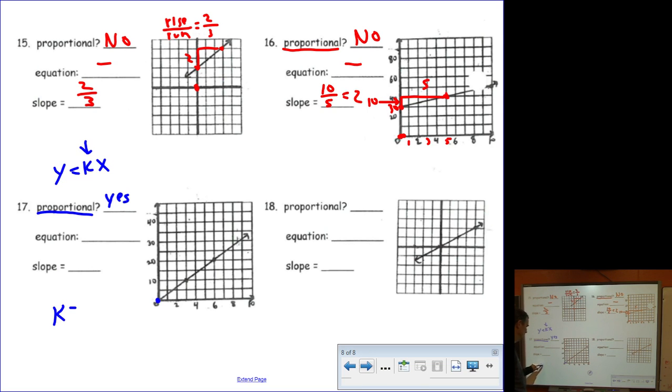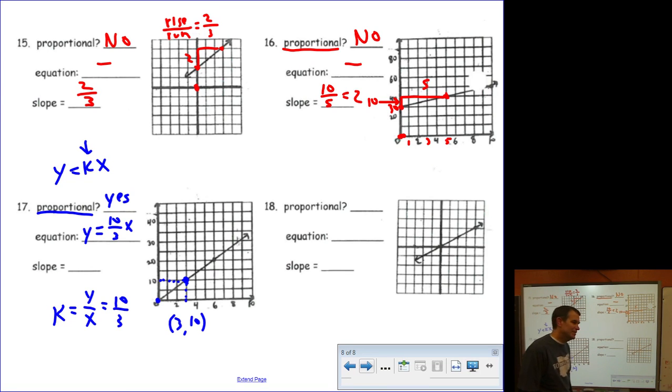And the way you figure out the k is take any ordered pair, put y over x, and that's your k value. Well, this ordered pair is x equals 3, y equals 10. So k would equal 10 thirds. I'm just going to go ahead and leave that as a fraction and say my equation would be y equals 10 thirds x.